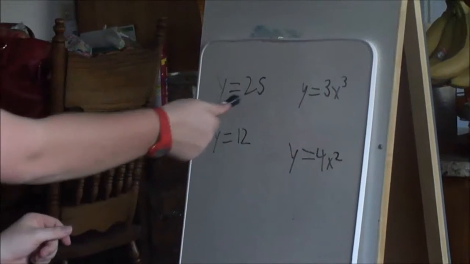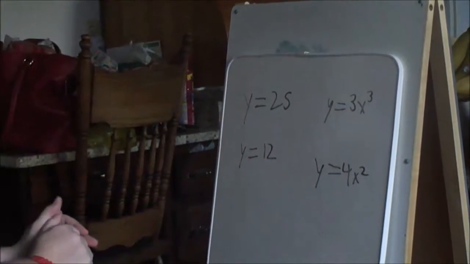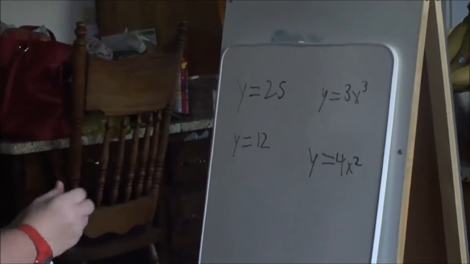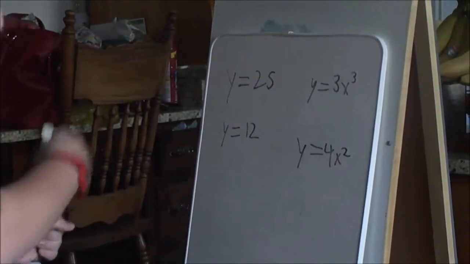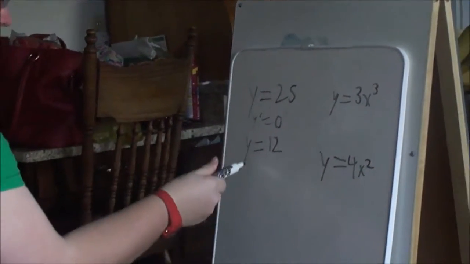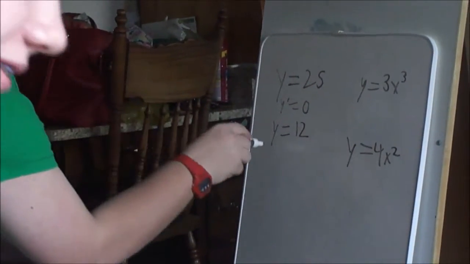Alright, so what's the answer to the first one? Y prime equals 0. Yes, that's right. What about the second? Y prime equals 0.